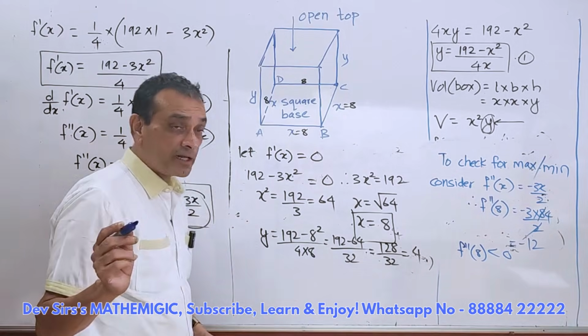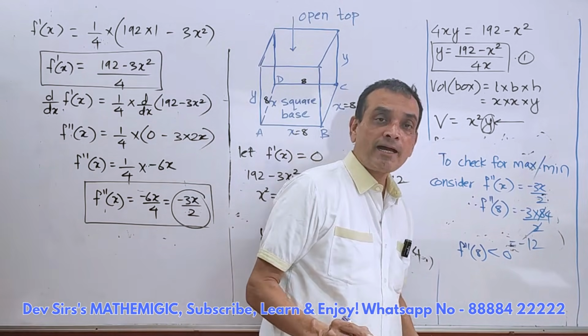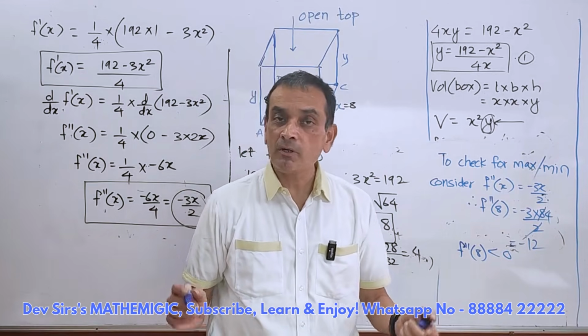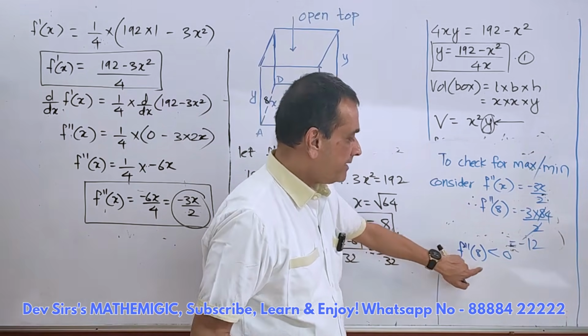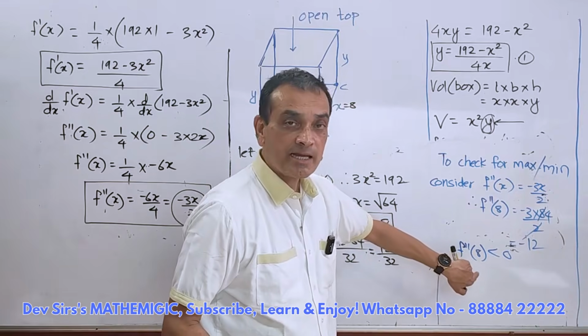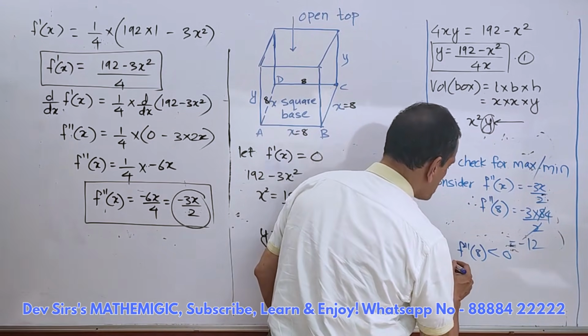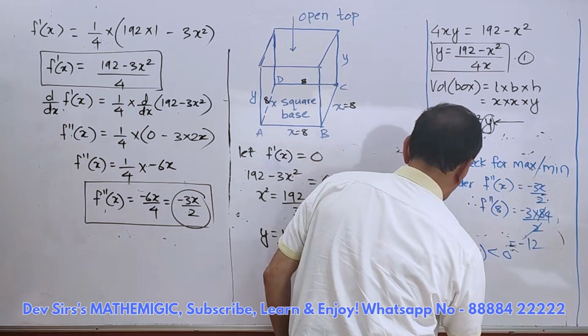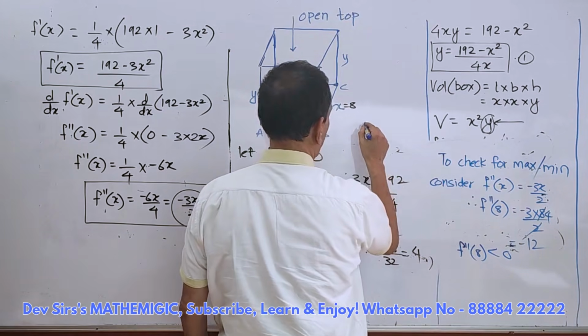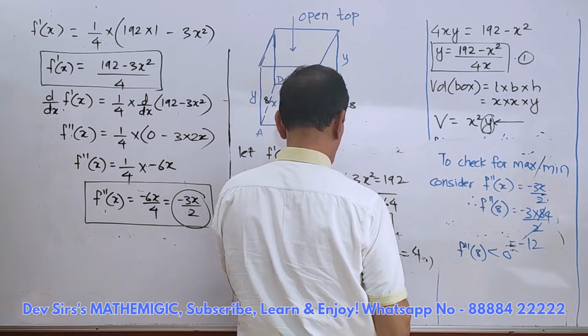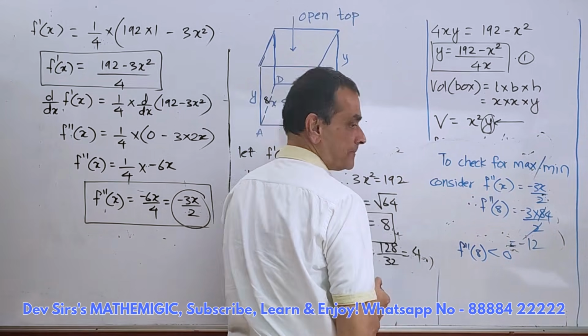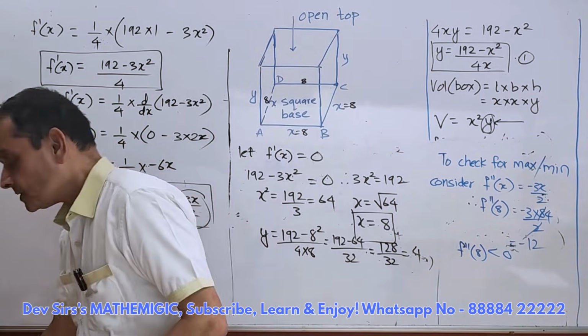In the question we were given to show that for maximum volume of the box, and here we are getting the function as maximum. Okay, so because it is less than 0, you are going to say therefore, and right here, final step.